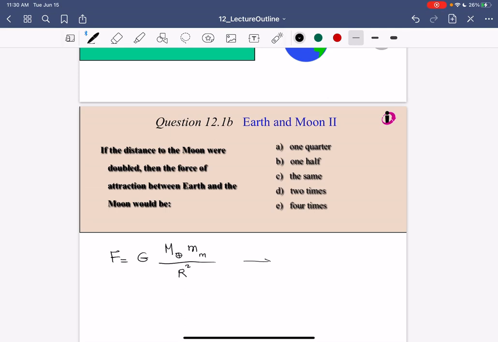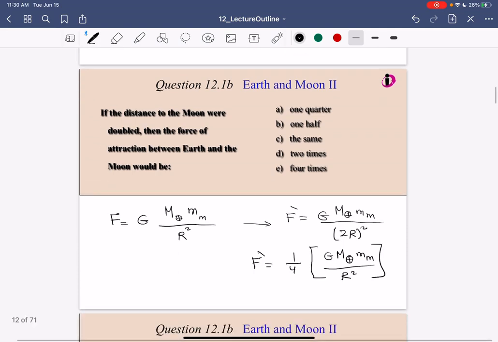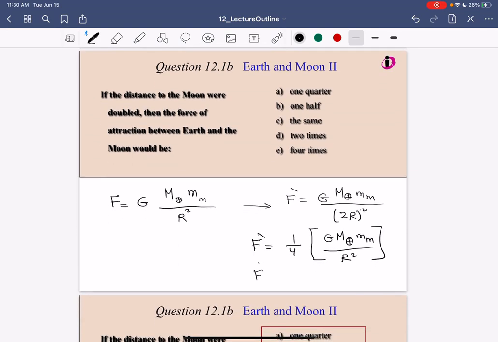If I look at the new force, we have the mass of the Earth, the mass of the moon, and now the distance was doubled, so it is 2R squared. Then F prime is going to be 1/4 of G mass of the Earth, mass of the moon over R squared, and that is 1/4 of the initial force.